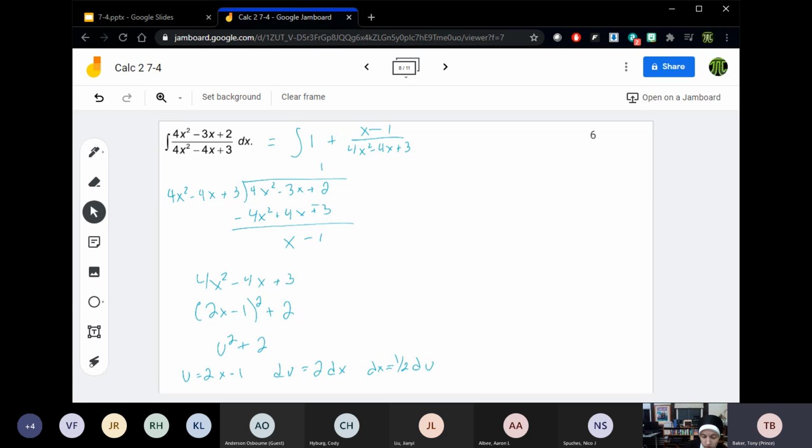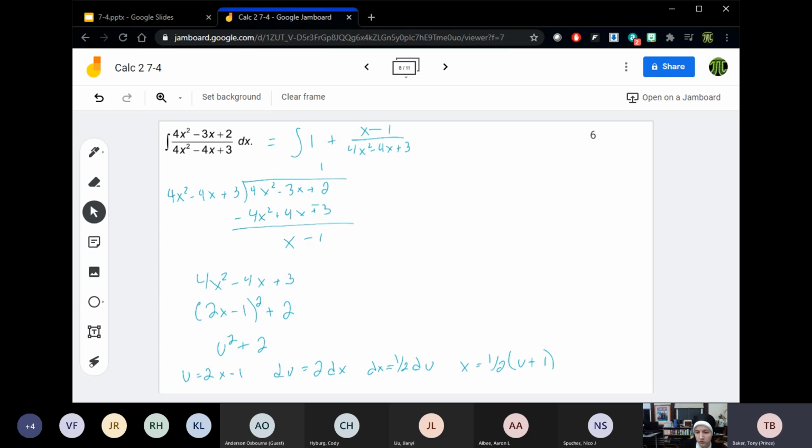The other thing I need to figure out is what x is. So if I solve this over for x, I get x equals 1/2 u plus 1, because I'm going to need that for the top.